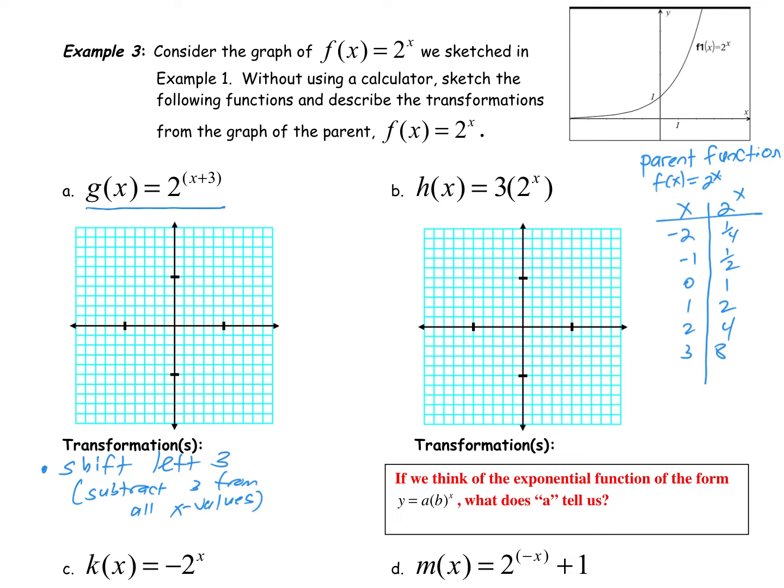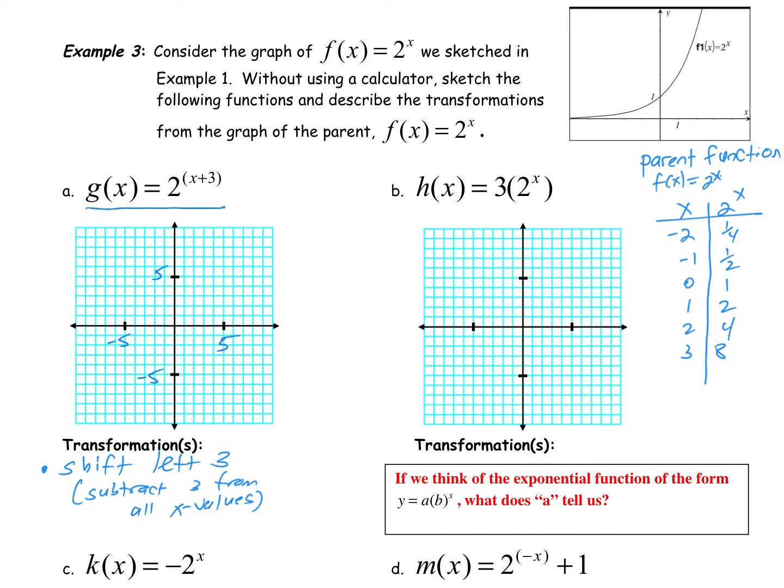Since this is just one transformation, I'm going to plot the points on the parent function, and then I'm just going to move each one of those points left 3 units. So I'm going to do 1 square is 1 unit, and I'll put the scale on. I'll just denote it on the increments of 5. Now I'm going to plot those points on the parent function.